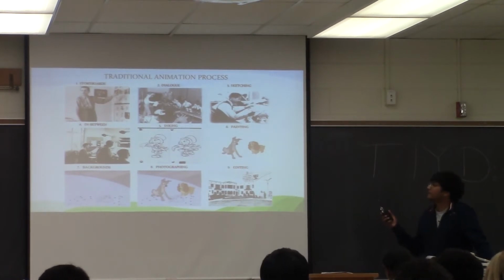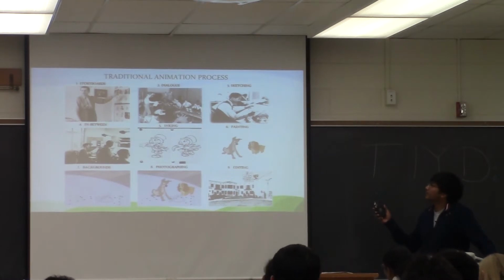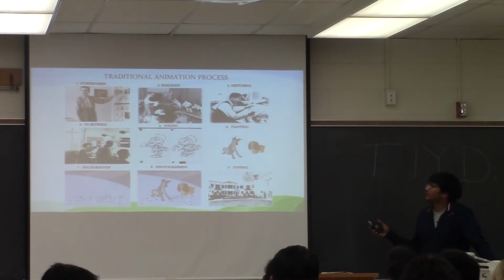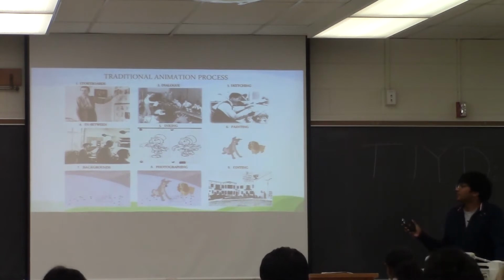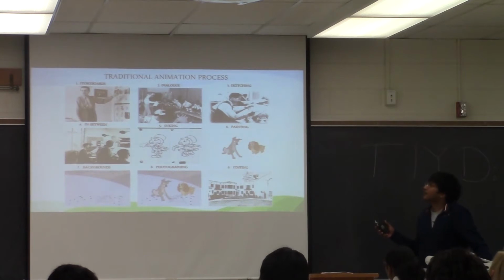Painting is basically done in the computer, and the basic difference between inking and painting is that inking is done on paper and painting is done in computer applications. Then in the seventh step, the background is developed to move these pictures, and at last photographing and editing. These are the common steps that are done in the traditional animation process.